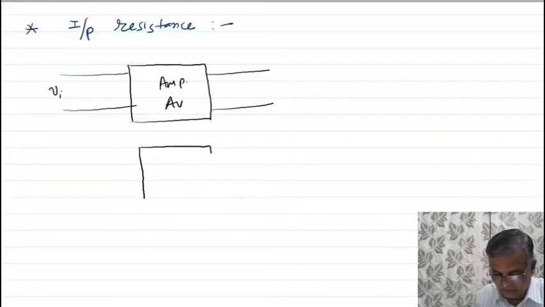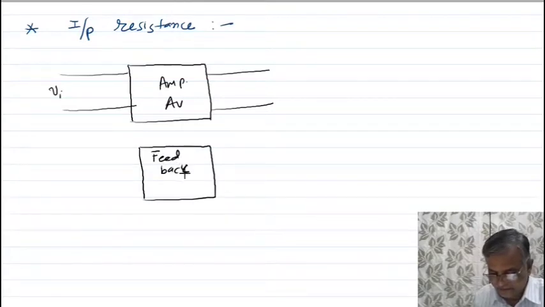Look here. This is your feedback network. K is negative. And for a voltage series feedback, I am connecting my circuit in this way.